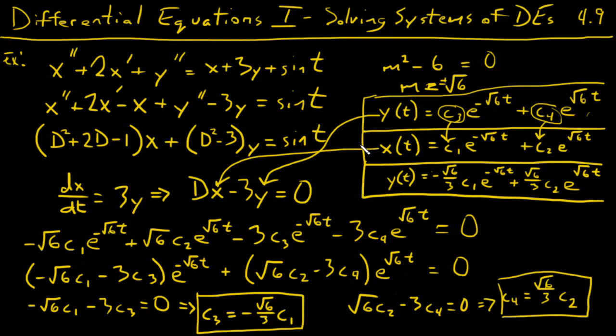Now, these two are the final solution for the system. I've got my x of t, I've got my y of t, and they're both in terms of C1 and C2, which is nice, because now I just have to worry about solving for two constants if I'm given initial conditions. You're not going to have enough to solve for all four of them, but I can solve for two of them.